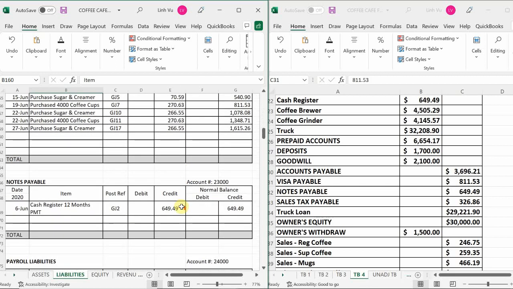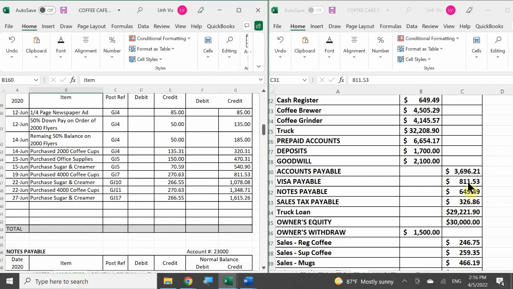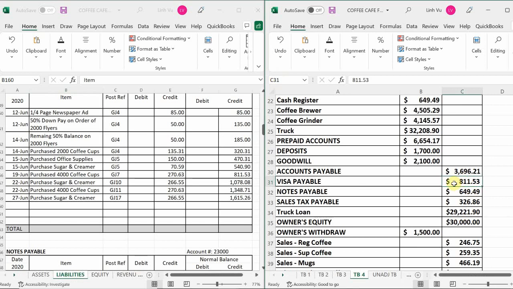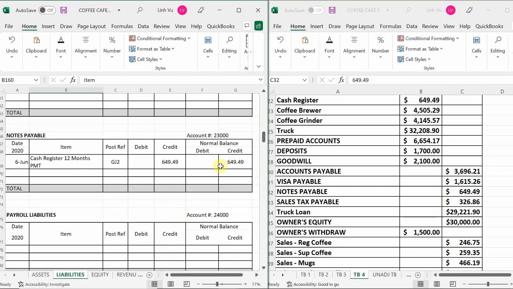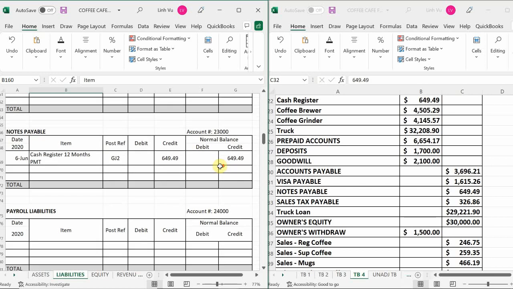What about my Visa payable? Good. 16.15.26. Okay. Notes payable still at 649.49. Okay.